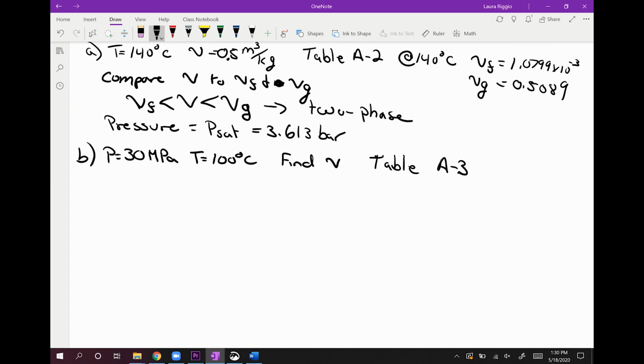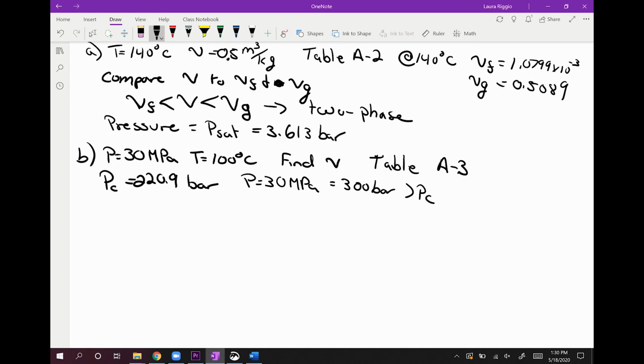And I want to find that table A3 ends at my critical pressure, which is 220.9 bar. Our pressure of 30 megapascals is equal to 300 bar, which is greater than our critical pressure.